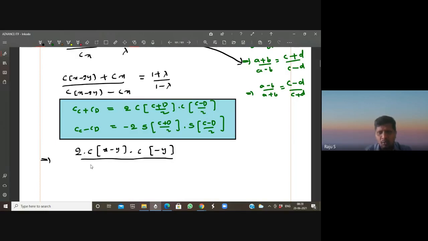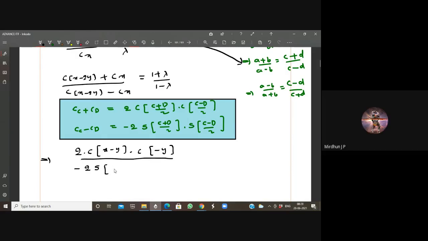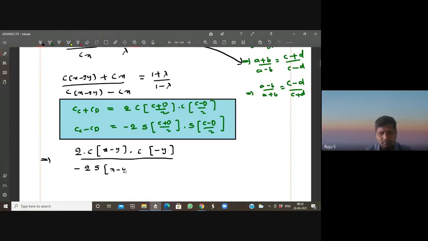Now what about the denominator? Minus 2 times sine of (x − y) times sine of (−y). Finally, the 2s get cancelled.